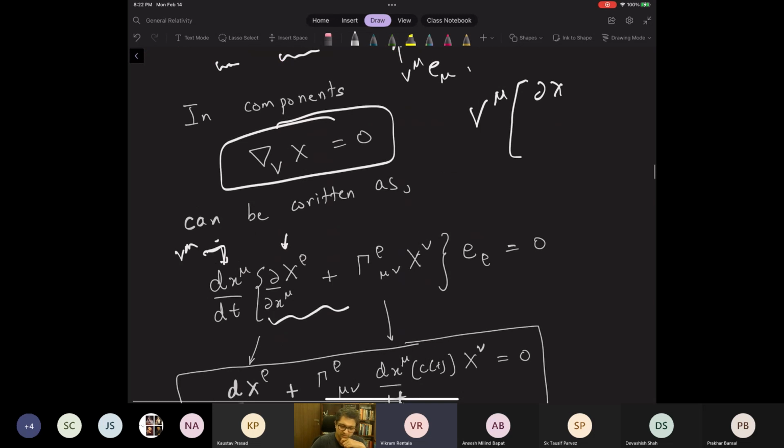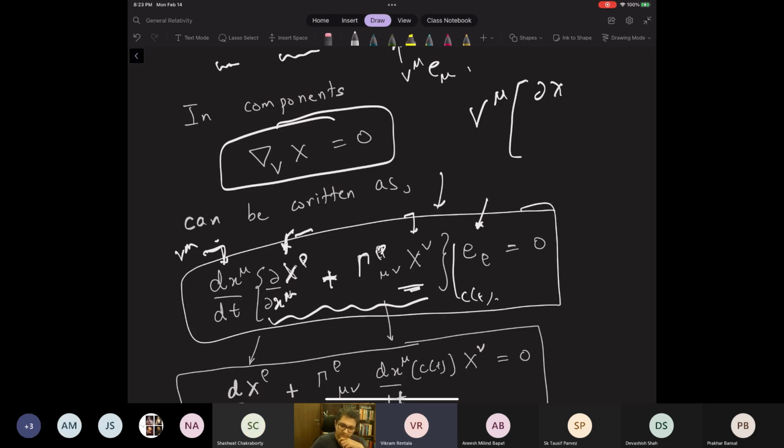And this is just the rule that we worked out for the components of the covariant derivative, or components of the affine connection. So it's v^μ (∂_μ x^ρ + Γ^ρ_μν x^ν). These are components of the x field, again evaluated on the curve, and expressed in some basis with coefficients ρ. So I must have those basis vectors here, e_ρ, and this is 0.